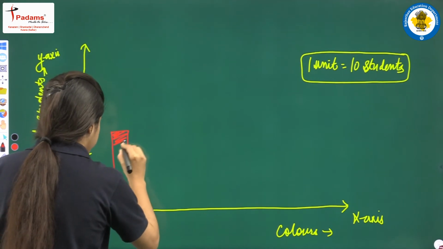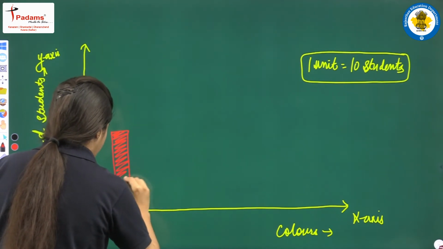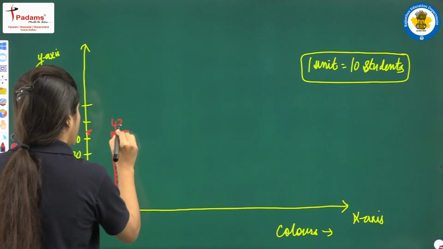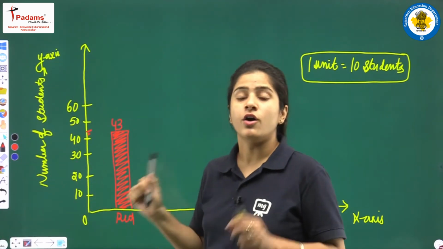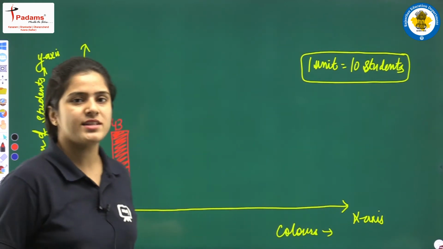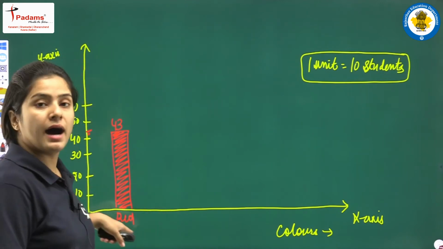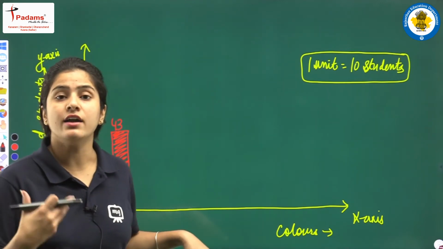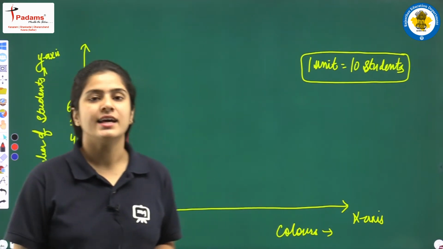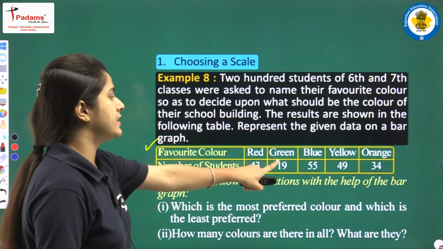This is the red color, 43. So 43 students' favorite color is red. Now this is the bar showing the favorite color red of 43 students.